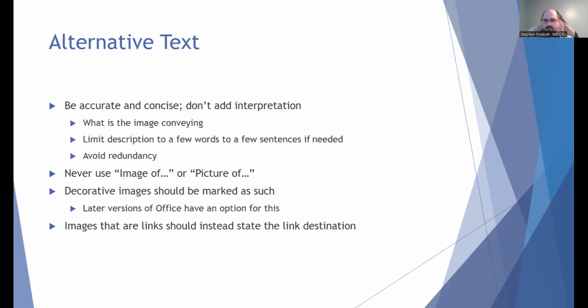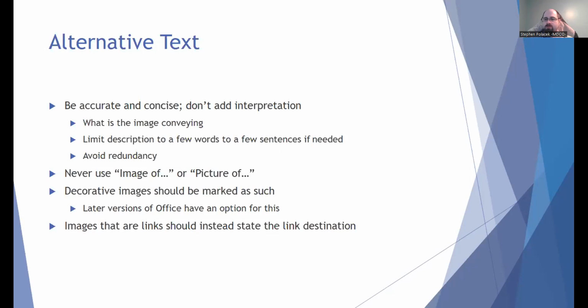I'll show you a few examples when we get to the demonstration, but it's important that we avoid redundancy as well, so that if this image is not adding any additional content, we want to make sure, like if you have a paragraph and then an image of the same thing, or if it's like a chart, but you have all of the data written out in text next to it, then we can mark that as decorative. So we want to make sure that we're telling users that they can skip this.